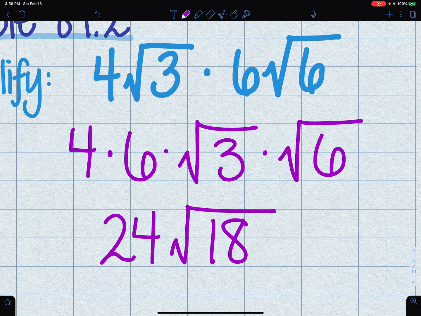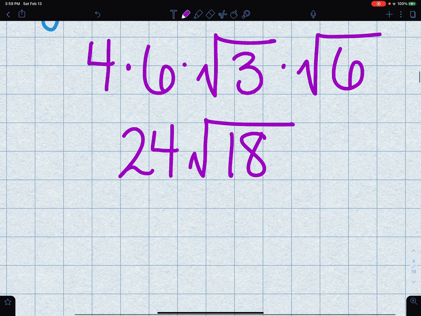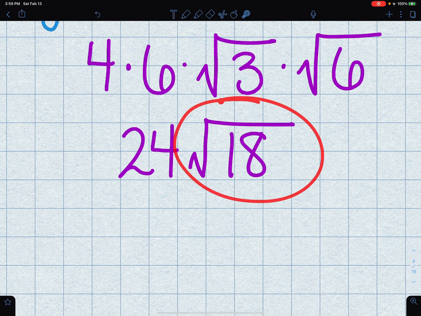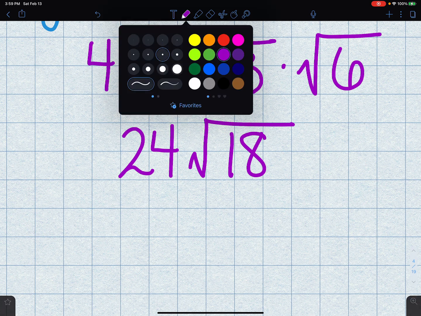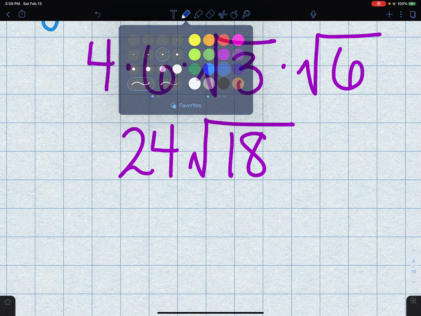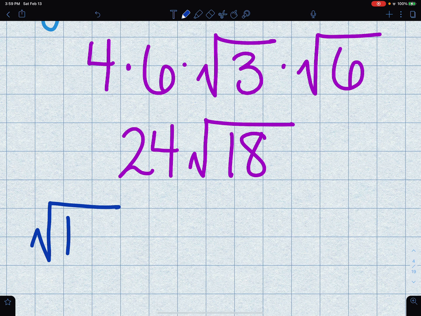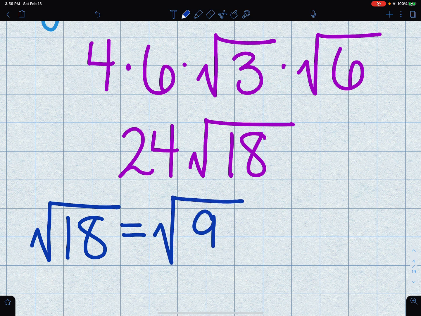So there's that answer, but you can actually just take this part and break that down further. Let's do that in a different color so it's not confusing. Square root of 18 is the same as 9 times 2.